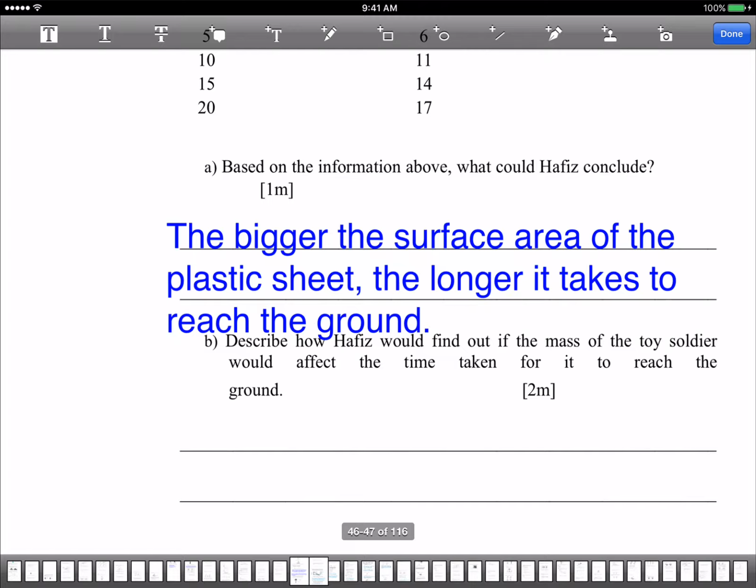If no parachute, even faster. Very good. The key word is air resistance. So which one has less air resistance? A. Yeah, the least air resistance.